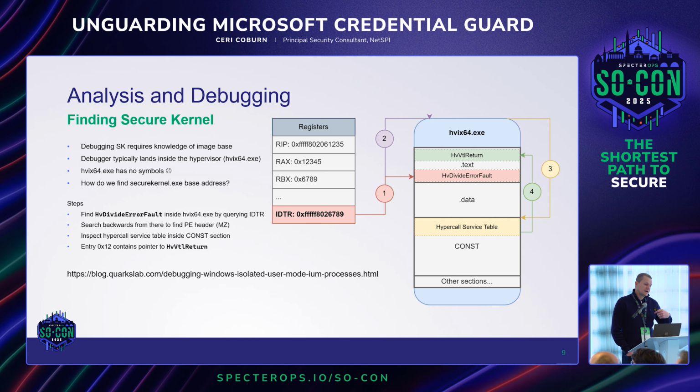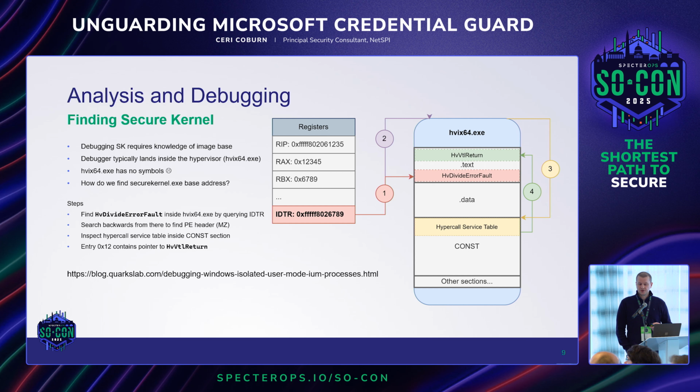Okay, so how do we actually get secure kernel? So we start off looking for the hypervisor. We need to find the hypervisor first. And when you attach the debugger to the GDB stub running within VMware, typically you will end up inside the hypervisor context, because it's the busiest part of the operating system.